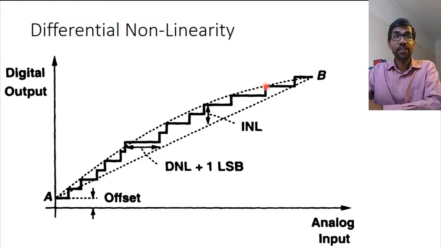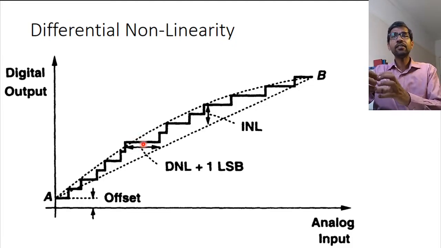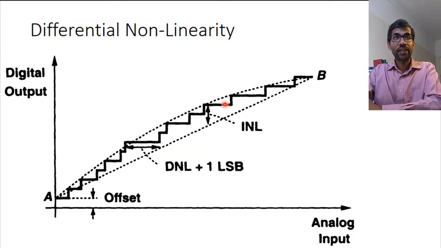So all these lengths are supposed to be the same, but the differential nonlinearity is the maximum deviation from that length that we want, that would ideally have been there. So that's the differential nonlinearity. It tells you what is the maximum error in the width of one interval.